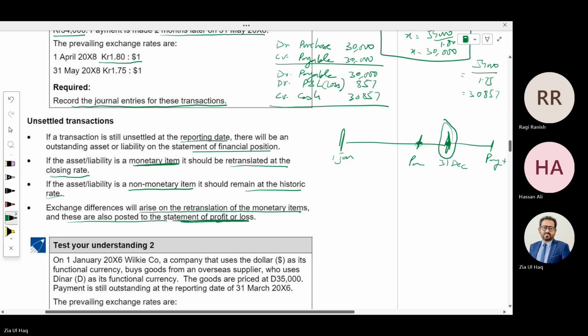For monetary items like payables, we record at the initial rate, but at the reporting date, if the rate is different, we need to record the payable with the new amount, and the difference we will charge to the profit and loss account. Is it fine?